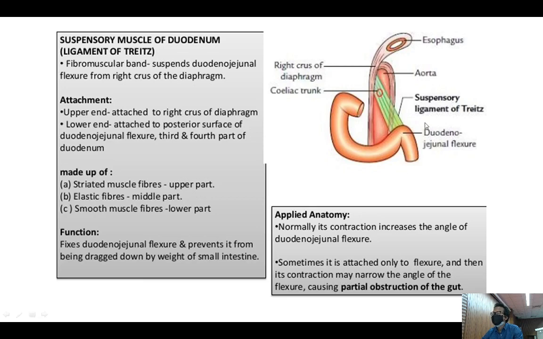And sometimes it can also cause partial obstruction of the gut, because when the ligament contracts, the orifice or the opening of the duodenum becomes more narrow. So there could be some partial obstruction of the gut in that case.